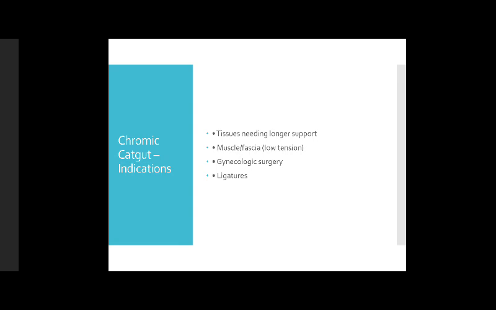For muscle or fascia, for low tension closure, we have to use chromic catgut. It is useful in gynecological surgery, and it is also useful as a ligature to ligate minor vessels. These are the indications to use chromic catgut.